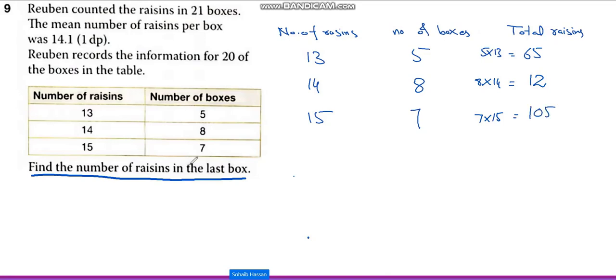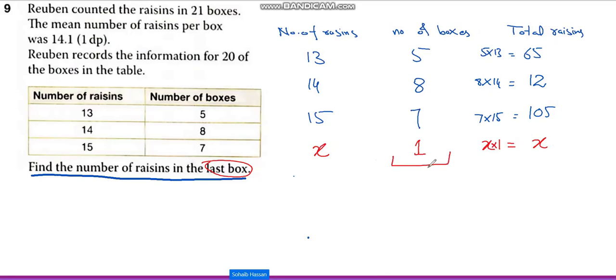By the way, there is one more box where we don't know the number of raisins. So let's assume that the number of raisins in the last box is x. There is one last box where we have x raisins, because we don't know the number and we have to find it. So in total there will be x raisins here, and we can also write x there, because x times 1 is x.